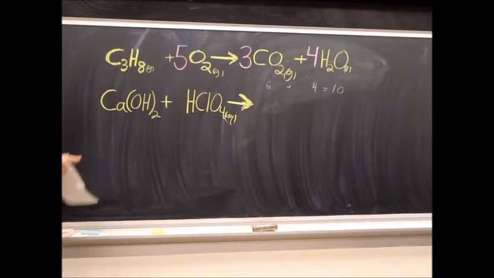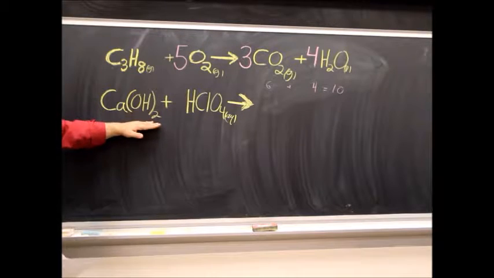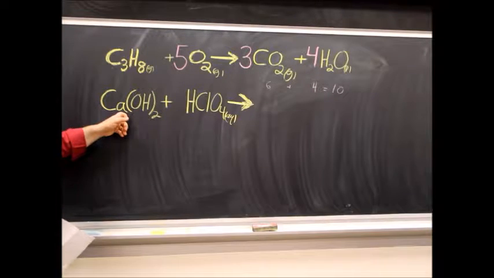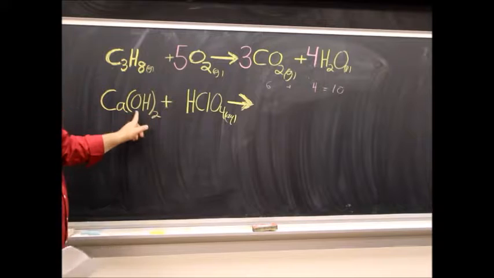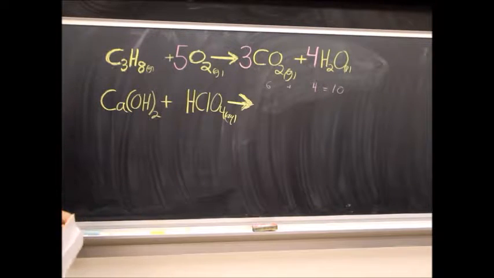The next reaction, well, you should recognize you can call this a double displacement reaction, which is perfectly correct, or you can also notice that this is actually an acid-base neutralization. Calcium hydroxide is a base, OH. Perchloric acid, HClO4, is an acid.